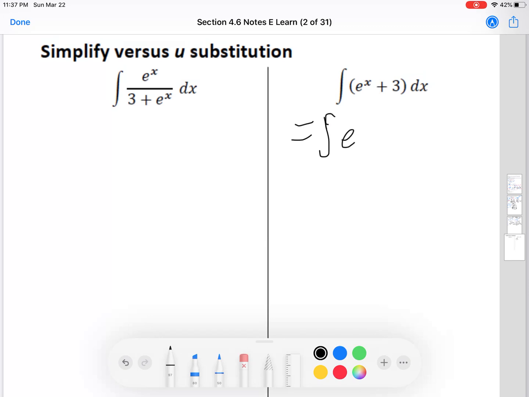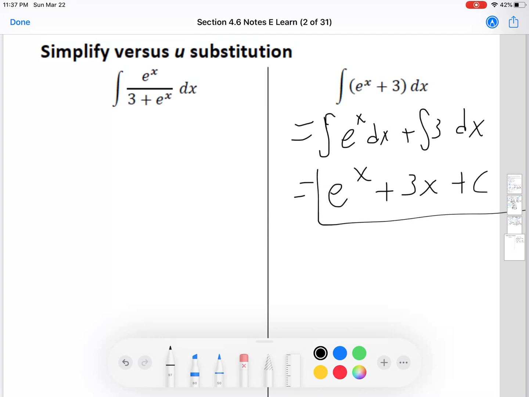So I would just say the integral of e to the x dx plus the integral of 3 dx. We know that the integral of e to the x is itself, and the integral of 3 would just be 3x. There's technically plus c on both of them, but we could just factor that plus c in at the end and know that we're adding a constant.